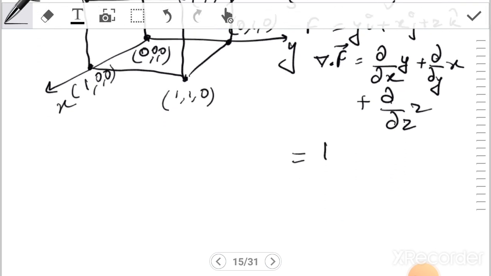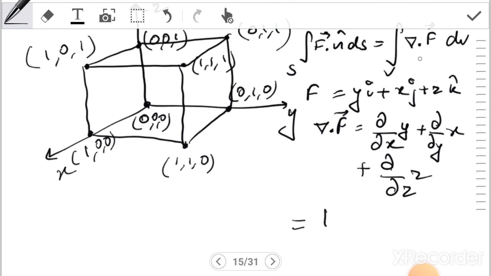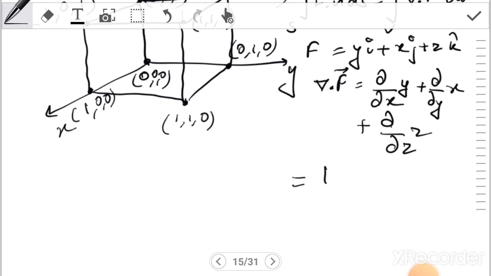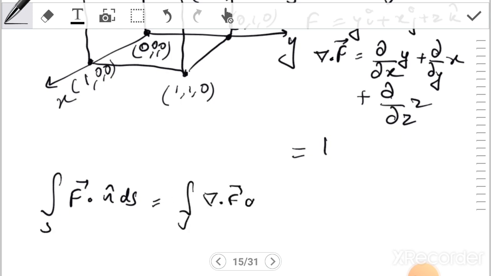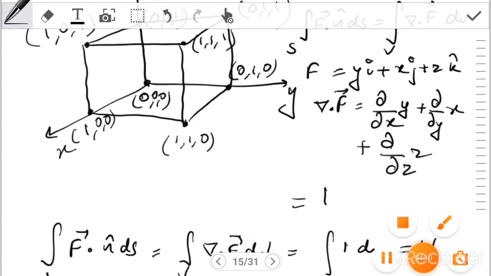Now let us put this value of del dot f here. So the surface integral of f dot n cap ds is equal to the volume integral of 1 dv, which is equal to V, where V is the volume of the cube.